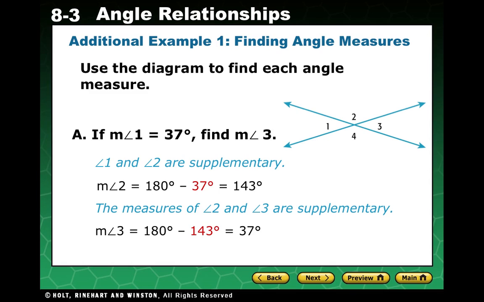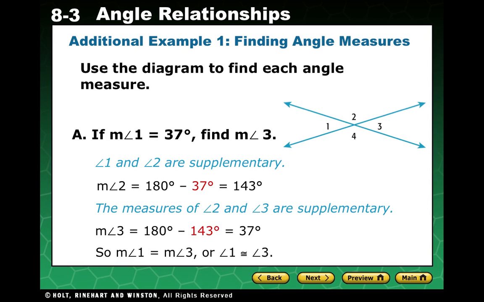The angles that are across from each other, like 1 and 3 and 2 and 4, are always going to be congruent. So the measure of angle 1 is going to be equal to the measure of angle 3. The measure of angle 2 is going to be equal to the measure of angle 4.